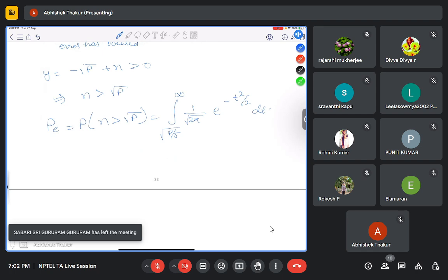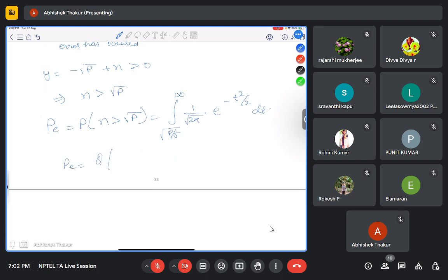This can be written as the probability of error is the Q function of root of p by sigma squared. Here p by sigma squared is the signal to noise ratio, where p is the signal power and sigma squared is the noise power.